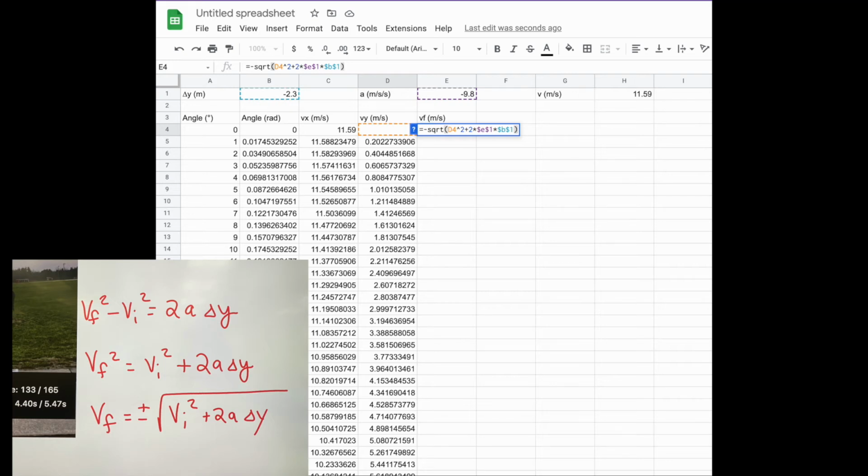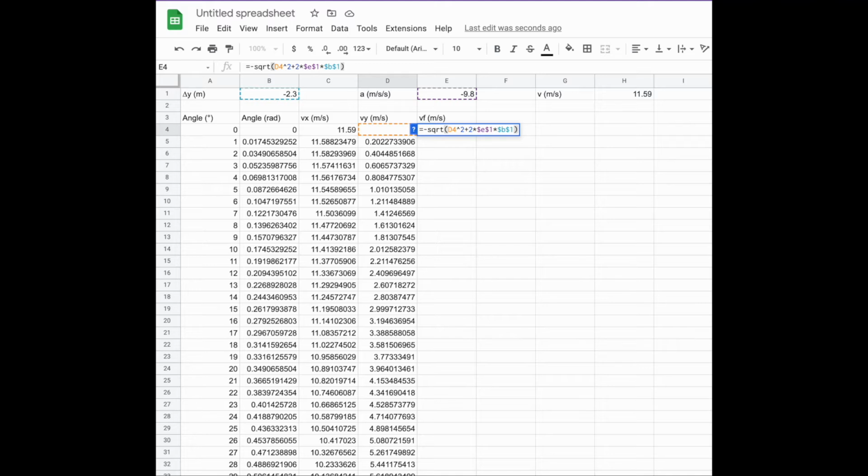Again, E1 and B1 are constants, so we want to use the dollar signs to keep those numbers constant as it fills our formula down. The D4 is not a constant, and we do want that to change for each of the successive boxes.